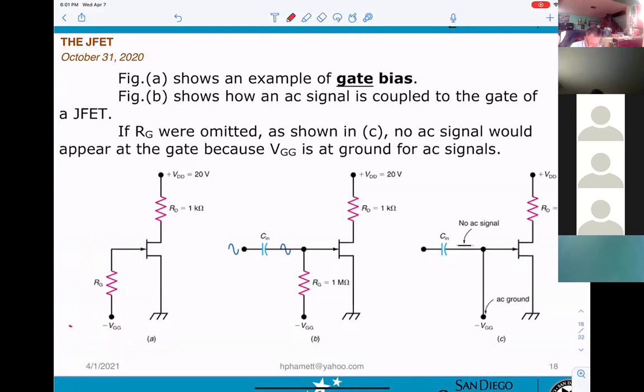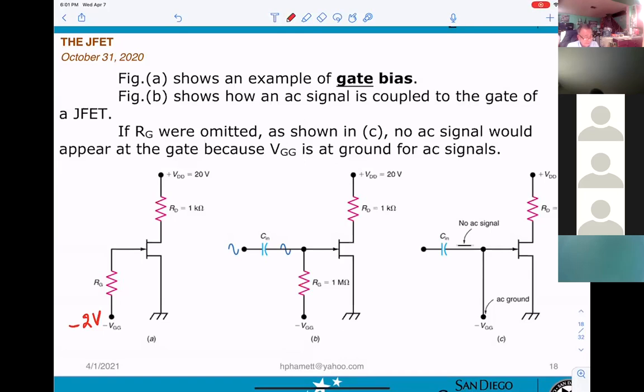Ma'am, can I just ask a real basic question? Yeah. We're on JFETs now. Is this similar to bipolar, the exception being that we're dealing with a different type of transistor? Yes, a different type. So bipolar and JFET are the same when it comes to these.